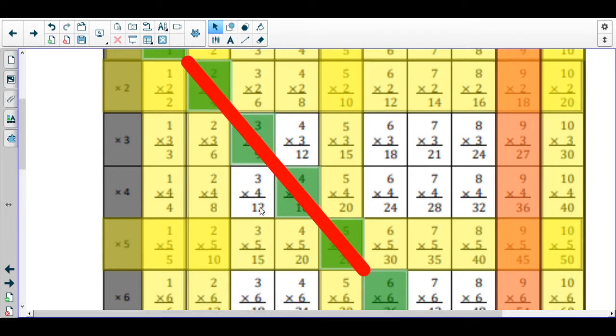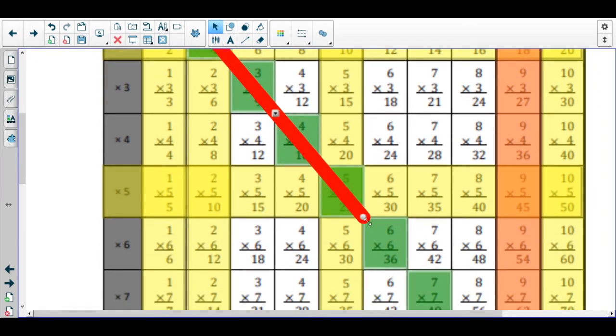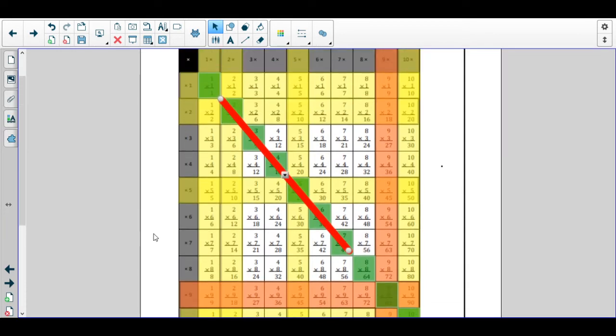If we expand this line out, here is 6 times 3, and here is 3 times 6. So what the perfect squares will do for us is divide the multiplication table in half, so that what looks like 24 problems that you have to memorize actually just turns into 12.